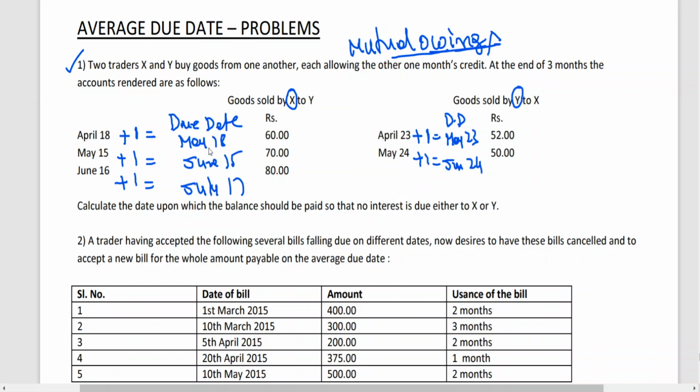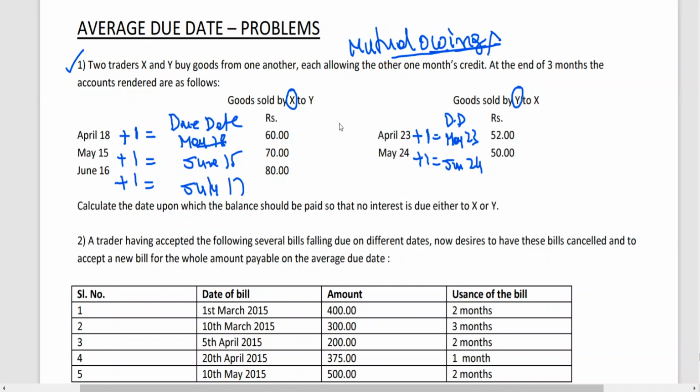So what I do, I take the same base date, I calculate the earliest date out of these two, and that base date is the key for calculating the product. And after calculating the product, the formula is that average due date is equal to base date plus difference in product by difference in amount.